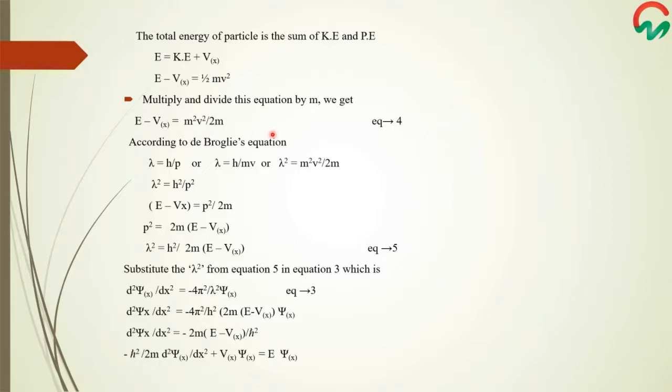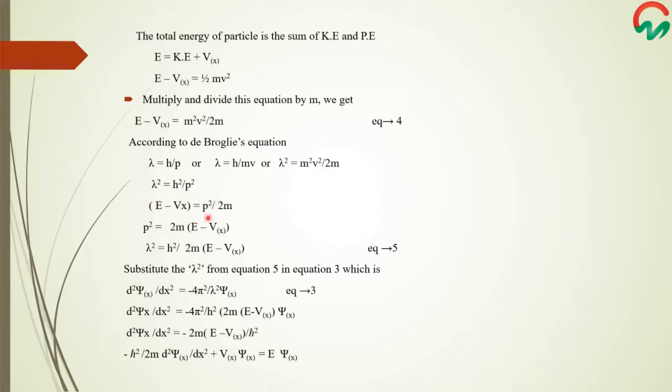According to the de Broglie equation, lambda equals h by p, or lambda equals h by mv. Now taking the square of this equation, it becomes lambda square equals h square by p square. We will replace this m square v square in this equation 4 by p square. So it becomes E minus V(x) equals p square by 2m.